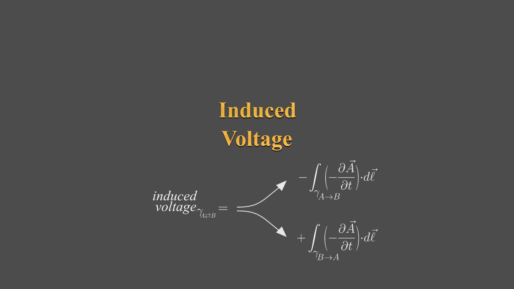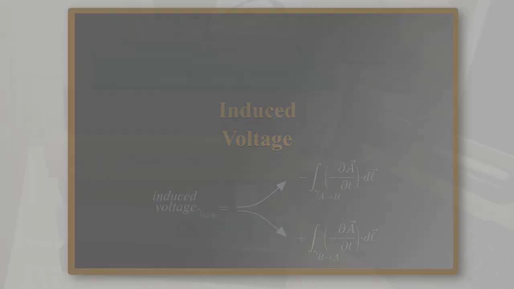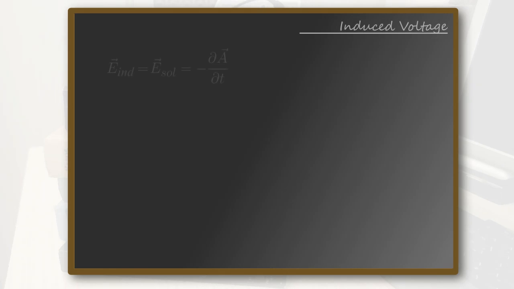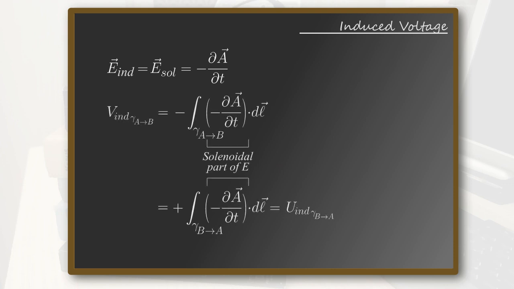The other component of voltage, the solenoidal one associated with changing magnetic fields and the corresponding induced electric field E induced, is what we call induced voltage. It is in general path dependent, and it is given by the corresponding integral in terms of the magnetic vector potential A, as shown here.